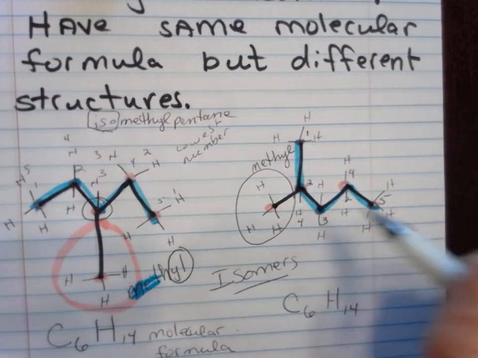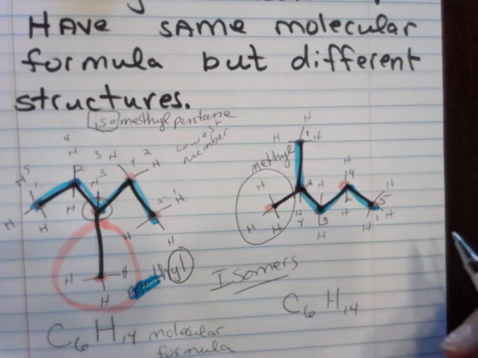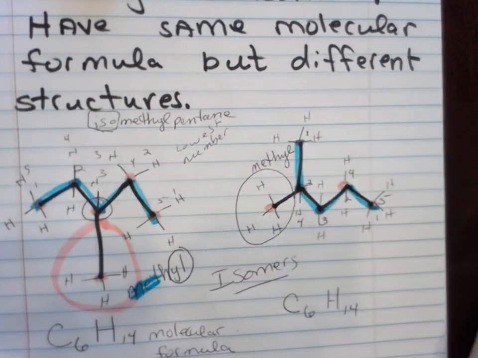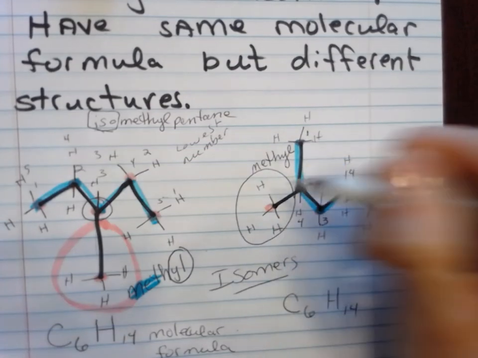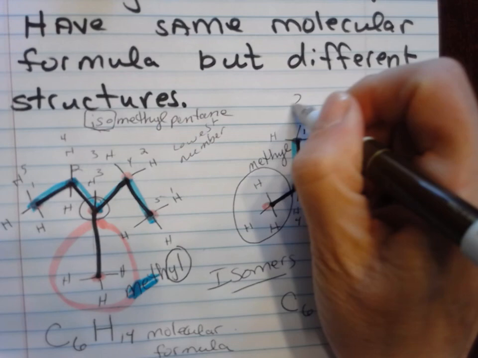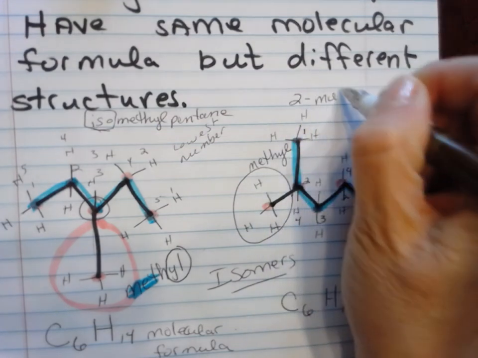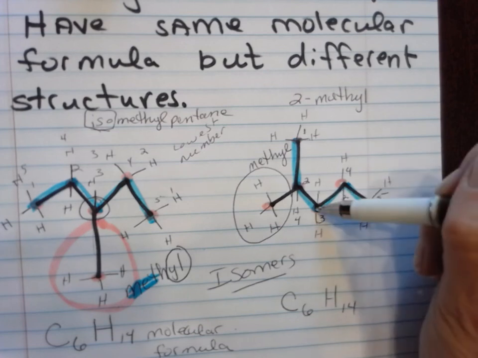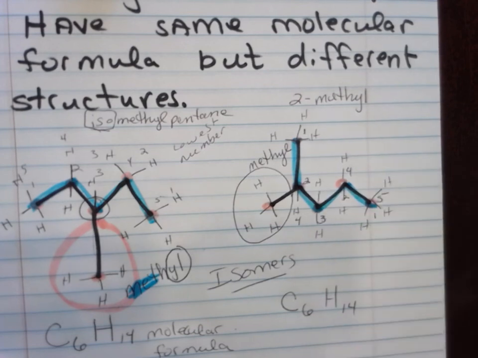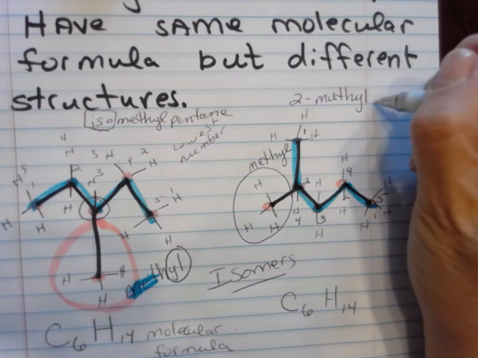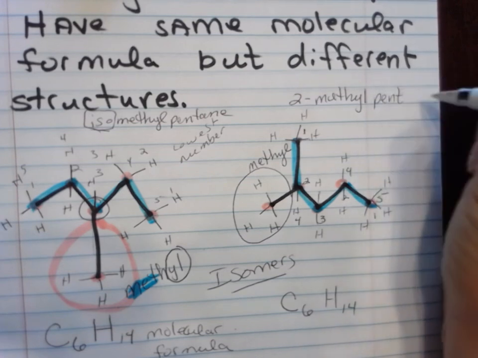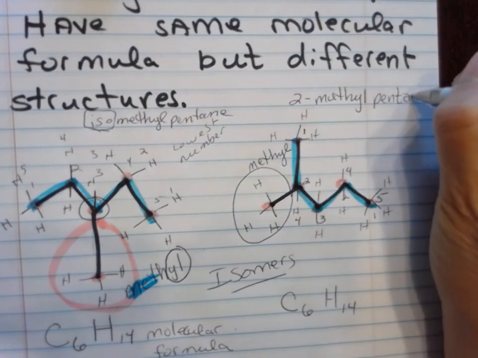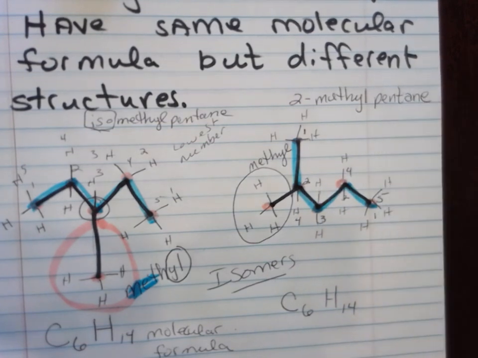It would be 4 methyl. So we want to number it this way so that this substituent is given the lowest number, 2 methyl. Not 4 methyl, but 2 methyl. And again, it is pent because there are 5 carbons in a row, and it is ane because there are no double bonds and no triple bonds.